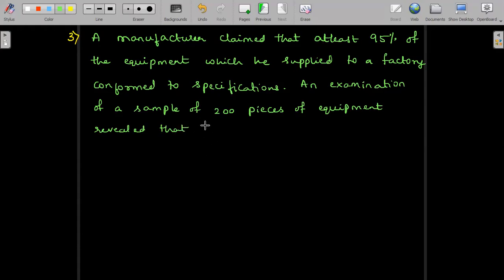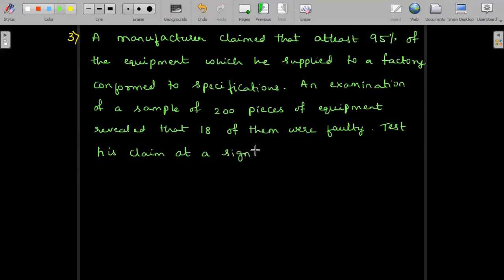Test his claim at a significance level of 1% and 5%.